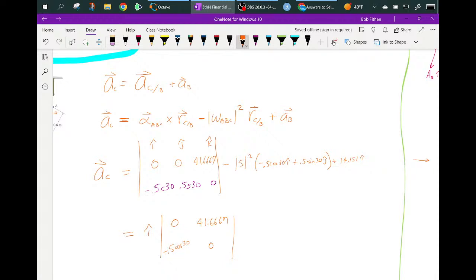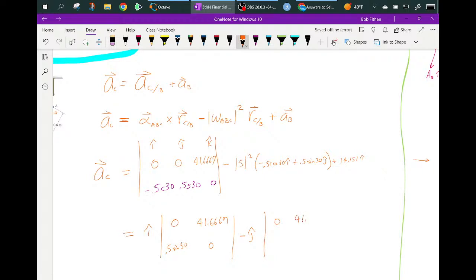This is a cofactor expansion, which was incorrectly copied. Should have just done that from before. Minus j.